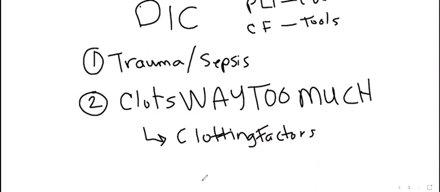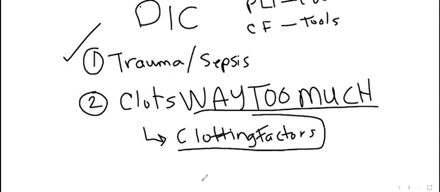So when you have this DIC issue, remember, first you have trauma, sepsis, you start bleeding. So your body clots, but it clots way too much. And since you're clotting a lot, what are you wasting? All of the clotting factors. You've used up all the clotting factors because you clotted everywhere, but the main area that was bleeding didn't clot.